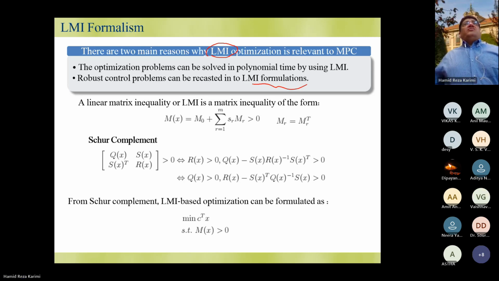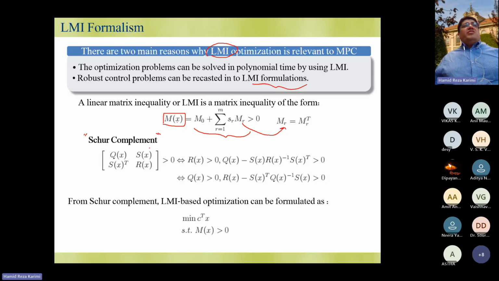In this case, the LMI says that if you have a matrix N that depends on X, and you can represent it as several matrices like M0 plus the summation of the Xi Mi, and this matrix is symmetric, and if this matrix becomes positive definite, you can use the Schur complement lemma.